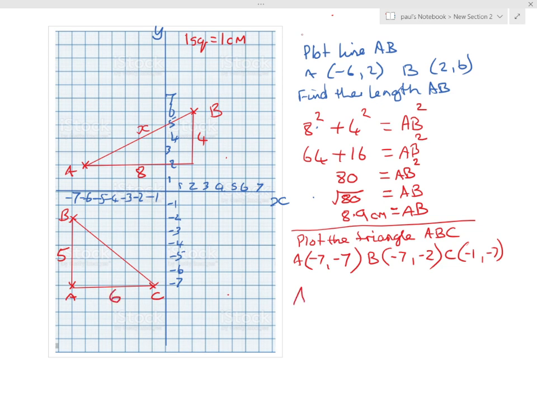So the area of a triangle equals half base times height, which equals a half times the base, which is 6, times the height, which is 5. Now 6 5s are 30, half of 30 is 15. So it would be 15 centimeters squared. Okay, that's the lesson on Pythagoras and coordinates.